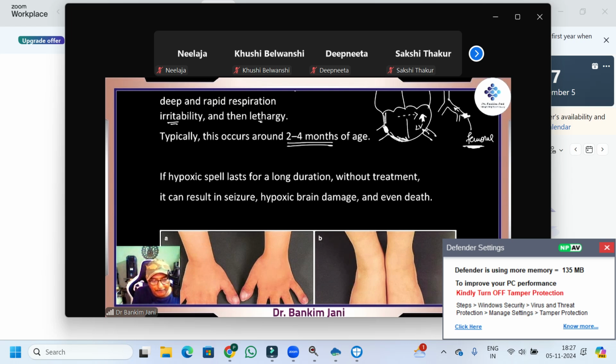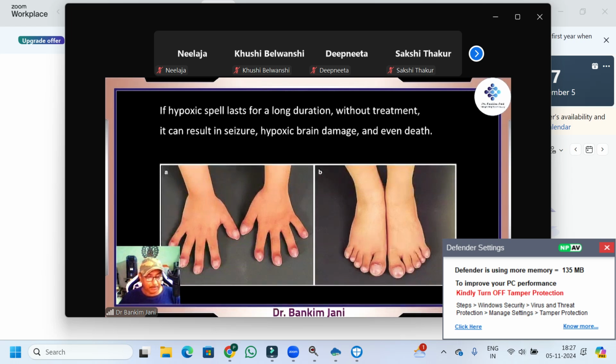So if hypoxic spell lasts for a long duration, if no treatment, then it can result in seizure, right? The patient will start developing convulsion, brain is getting affected. That is the hypoxic brain damage. This is the reason that it is necessary to diagnose it early, so that brain damage is not there.